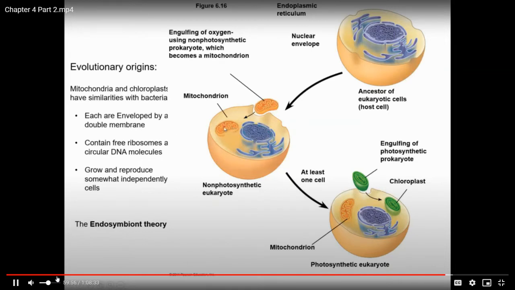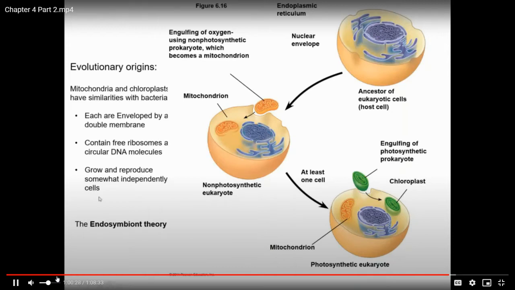The second thing is, when we look inside a mitochondria, or we look inside a chloroplast, we can find ribosomes and DNA. Remember the four things that all cells have? Plasma membrane, cytoplasm, ribosomes, DNA. Guess what mitochondria have? Ribosomes, DNA, cell membrane, cytoplasm. Same thing with chloroplast. So those are really obvious reasons to support that idea.